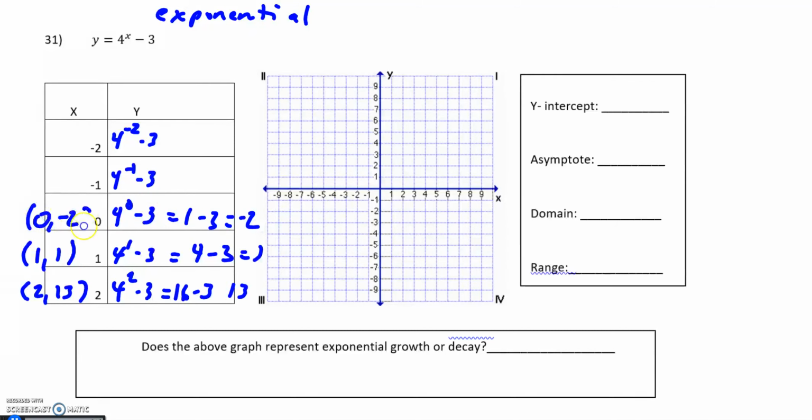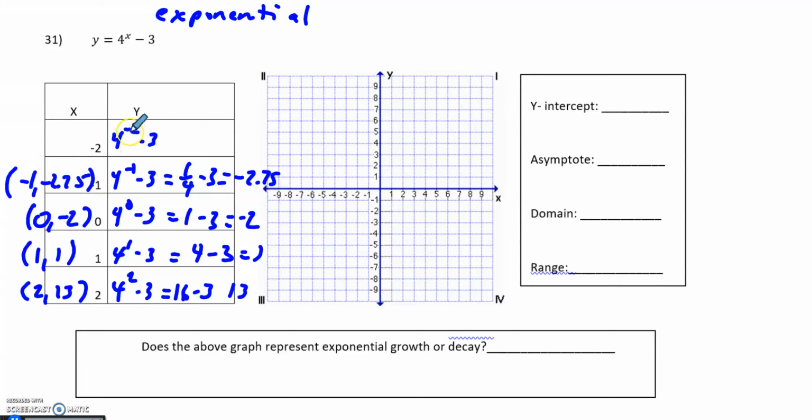So 0, negative 2 is another point. 4 to the negative first is really, remember, the reciprocal, 1/4 minus 3, which is really 0.25 minus 3. So that would be negative 2.75. So I have negative 1, negative 2.75.